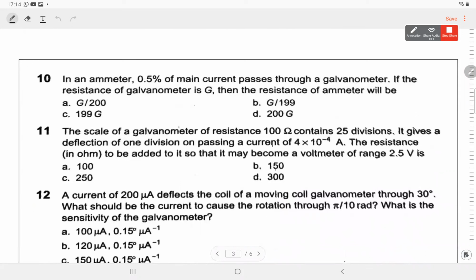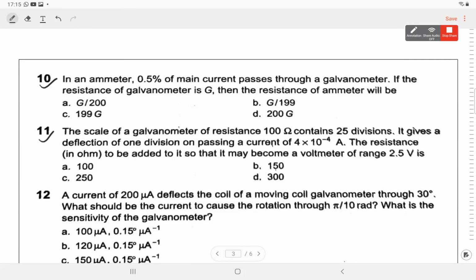Question number 10. In an ammeter, 0.5% of the main current passes through a galvanometer. Total current I, 0.5% of it passes through the galvanometer, and the resistance of the galvanometer is capital G. Then find the resistance of the ammeter.